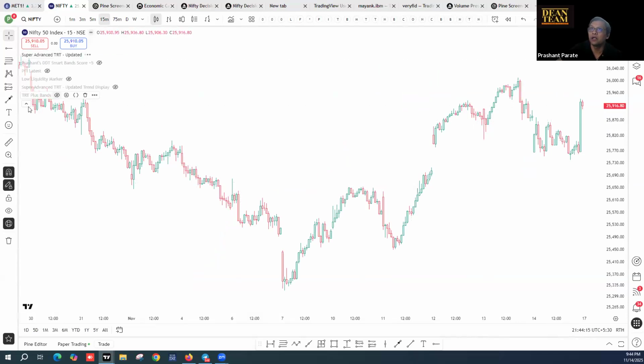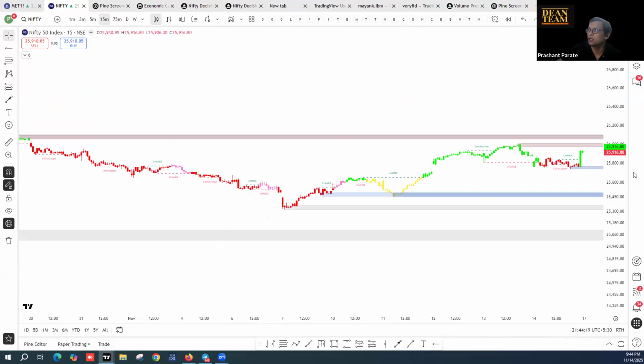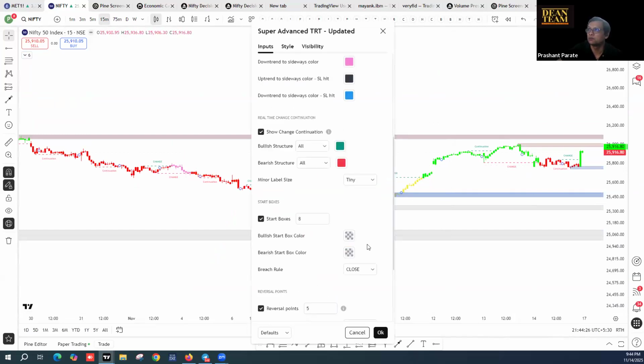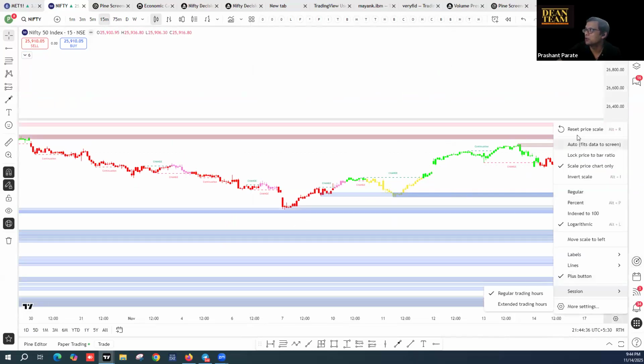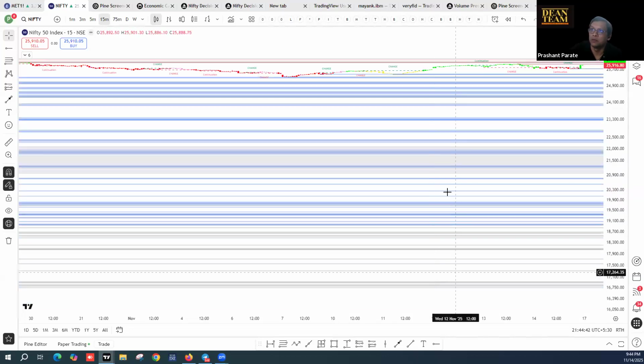And when we add an indicator, sometimes what happens, the chart is like this. I have seen some people using this kind of chart. Let me add some more zones here. And sometimes in the setting, something like this happens.